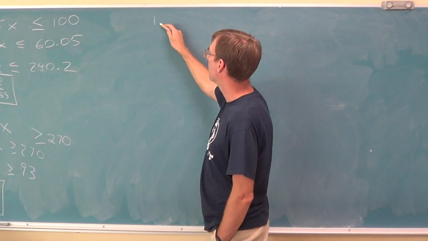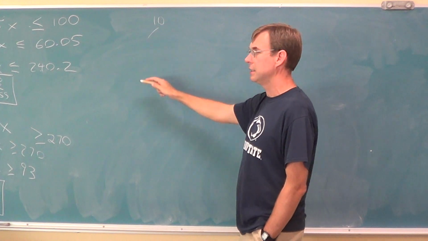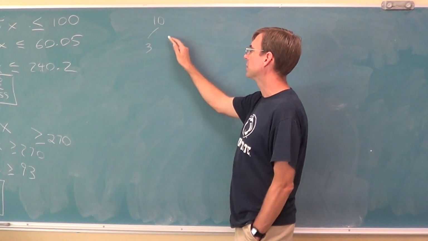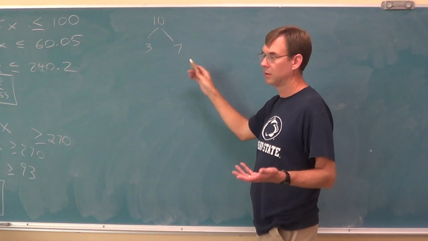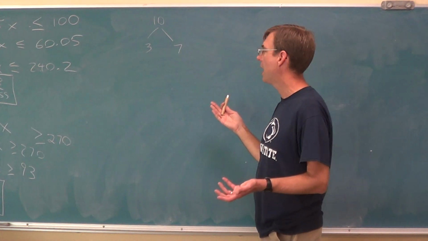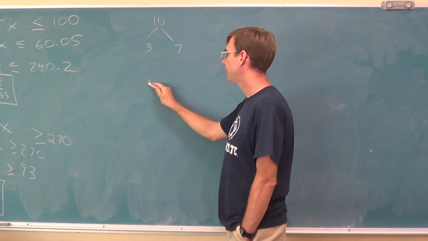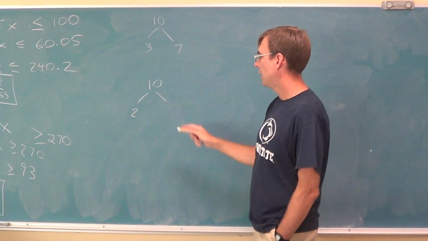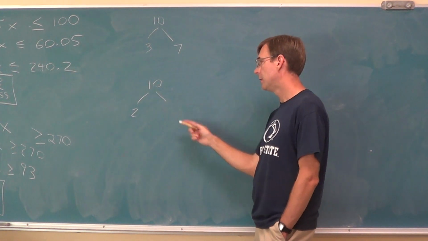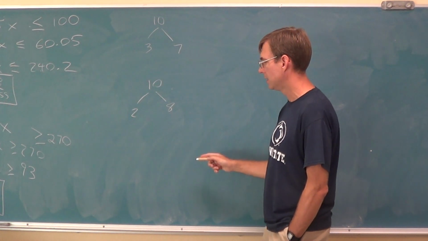So if people were here, I would do a lead-in question, like if I have 10 cookies and I give 3 to this person, how many did I give to that person? 7. Well, why? There was math involved. 10 minus 3 is what made the 7 happen. If I had 10 cookies and I give you 2, how many went over there? 8. Why? 10 minus 2 gets to 8.